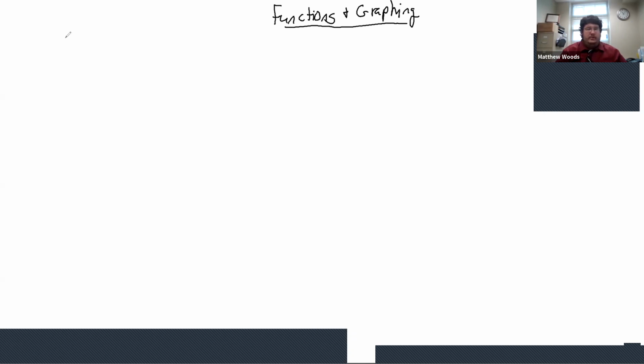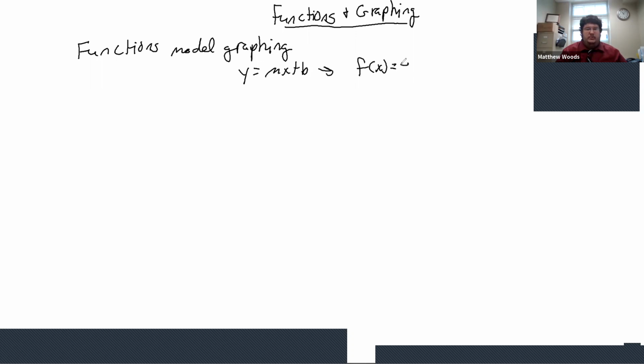So functions are another way that we model graphing. Instead of y equals mx plus b, it becomes f of x equals y.